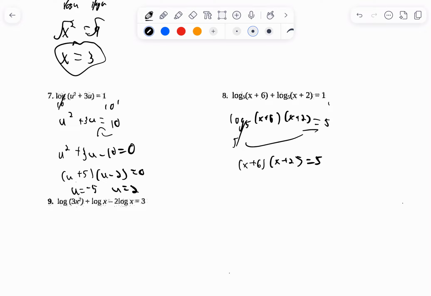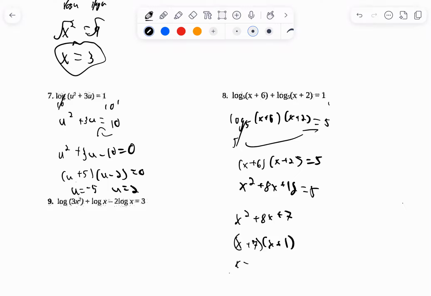So now we're going to expand it. So x squared plus 8x plus 12 is what you'll eventually get, equals 5, and then minus 5 on both sides. So x squared plus 8x plus 7. And then we'll have what adds to 8 and multiplies to 7. 7 and 1. So x plus 7, x plus 1.